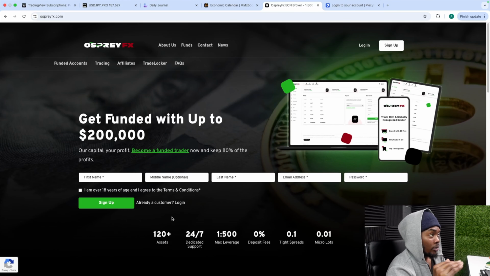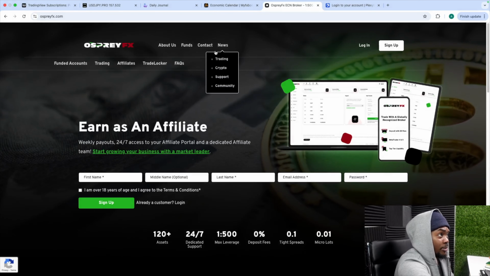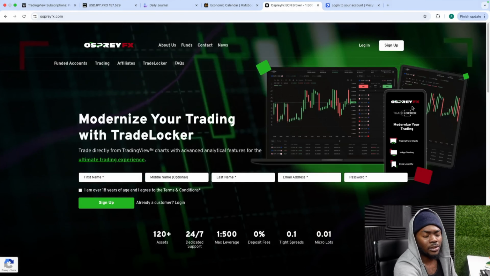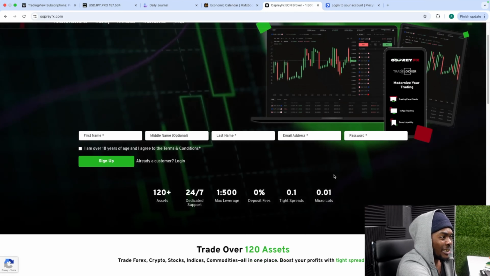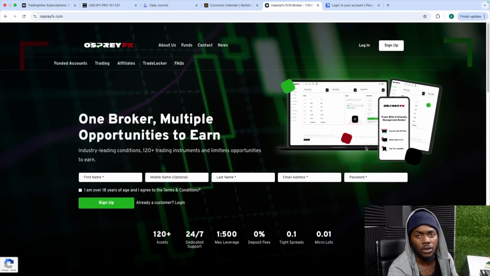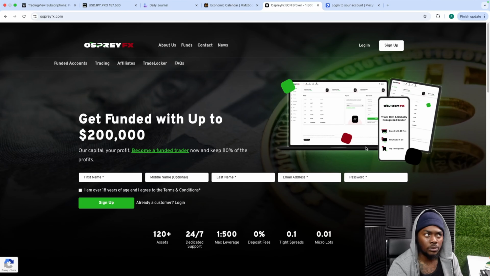That's the only reason why I use Osprey FX. Osprey FX also has 1 to 500 leverage, and a whole lot of other things they offer. But with Osprey FX, you cannot use MT4. Osprey FX is its own entity in a sense, so they don't have the license to use MT4.